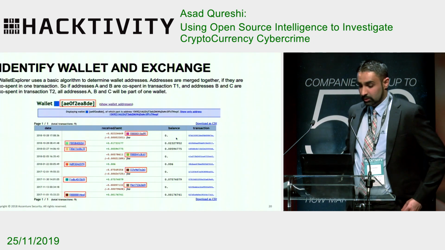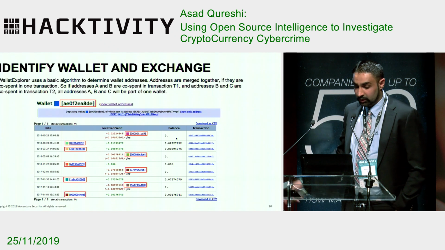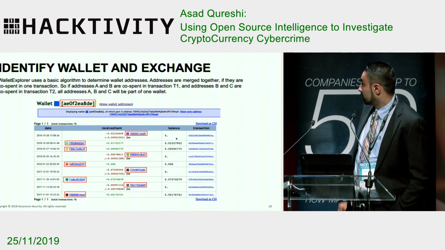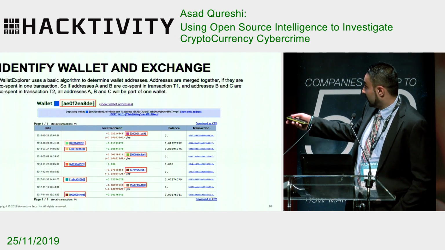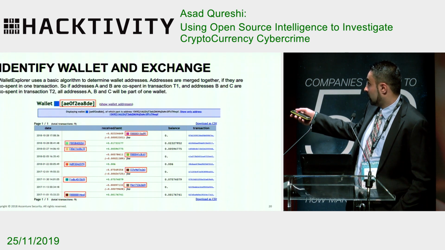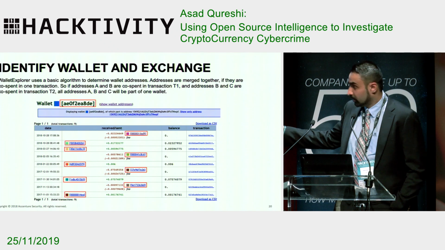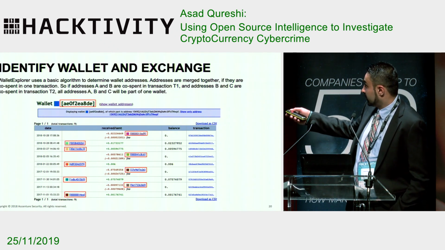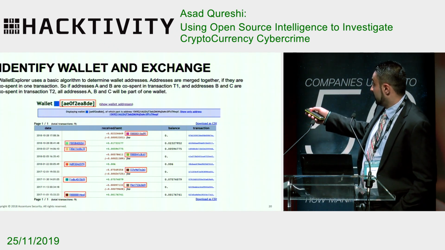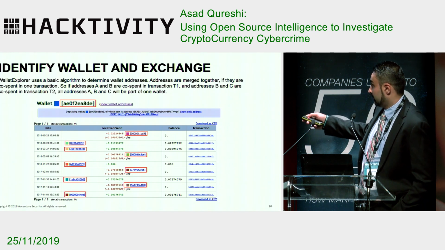Okay, so identifying the wallet. We can use a tool called Wallet Explorer. It uses a basic algorithm to determine the addresses and link them.